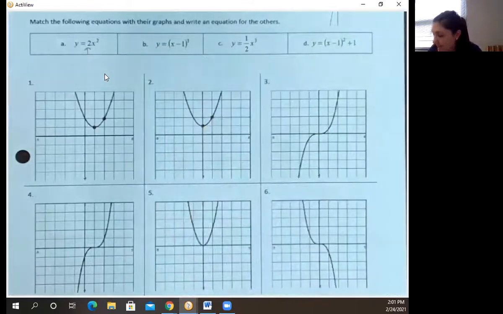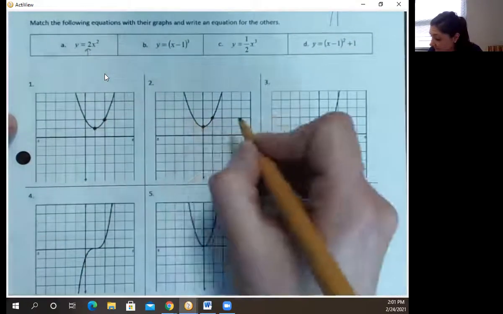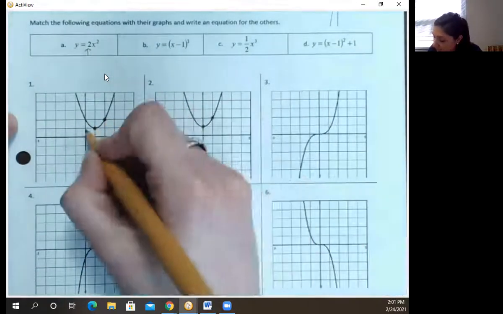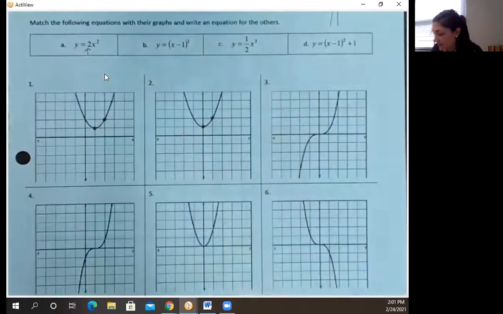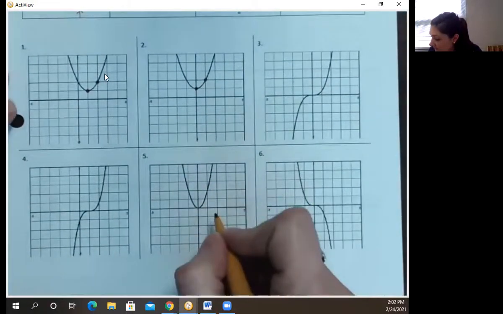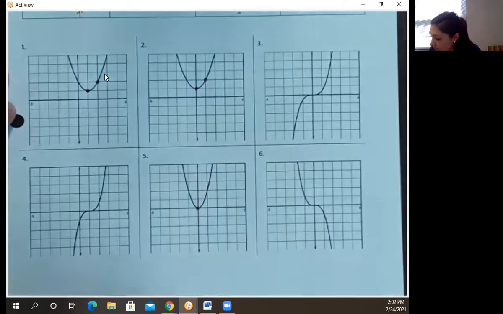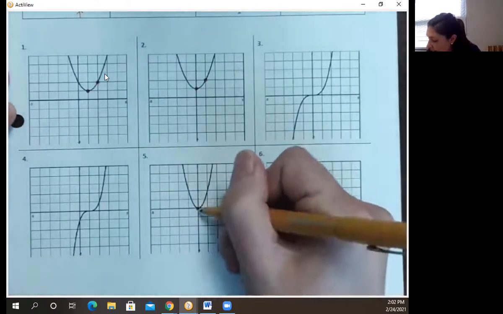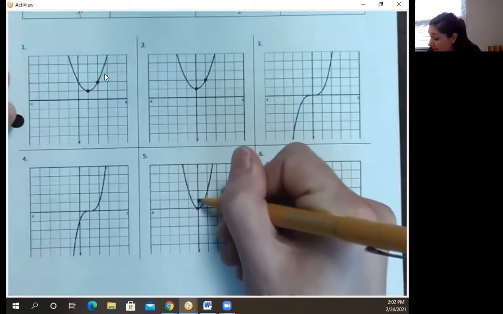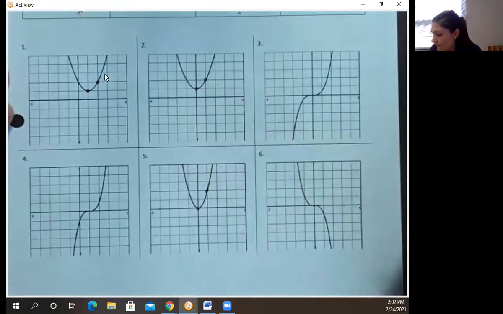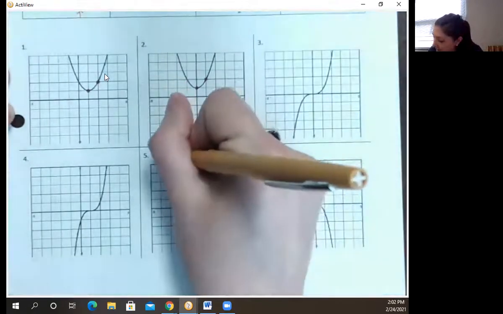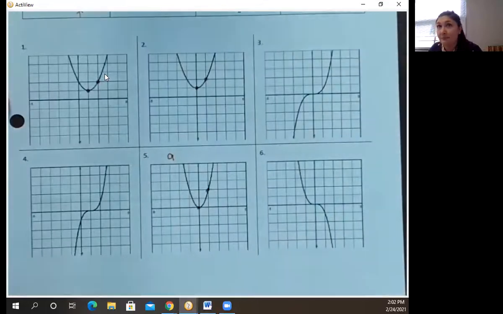Neither is this graph, but they are shifted. Their vertex is moved off the origin. Now, if I look at graph 5, my vertex is still on the origin, but to get to my next point, instead of going up 1 and over 1, I go up 2 and over 1. So that tells me that this is the graph for A.